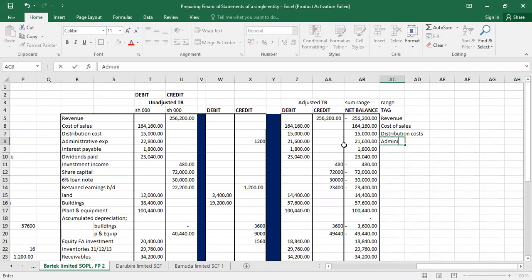Administrative expenses. So this one is interest payable, or it can be called accrued interest, isn't it? Dividends.